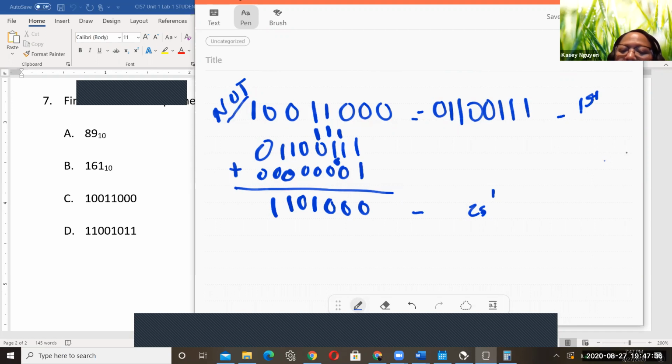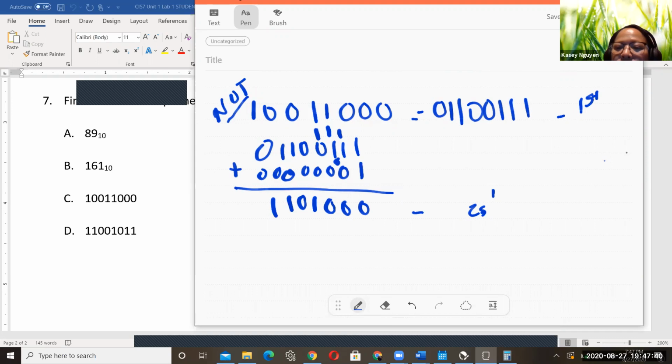Okay. So that will be your first complement. So when you have to flip it, you flip the bits, or not it, to get it here. Then you're going to add the 1. So technically, I just add the 1, which is 0001, for the 2's complement rule.